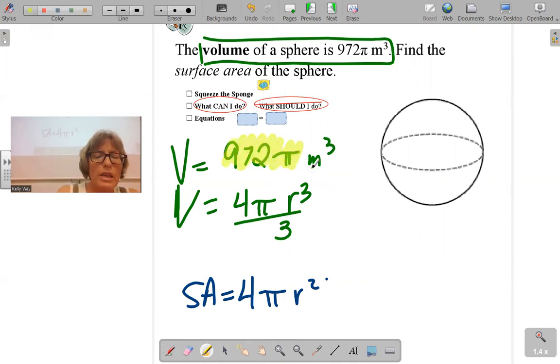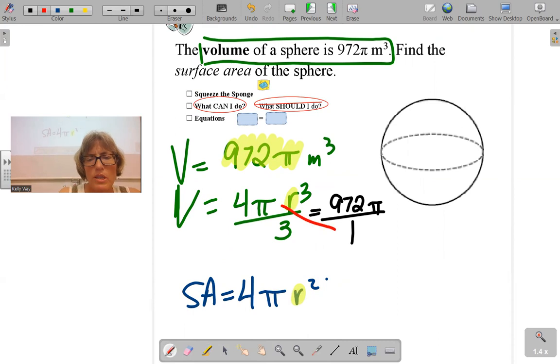Our volume equals this. So we're coming right here, 972 pi. The only thing we need for surface area is a single radius. We're going to solve for the radius. So watch what we do. Cross multiply. 972 times 3, and then we got a pi there. And we got a 4 and a pi and r cubed.